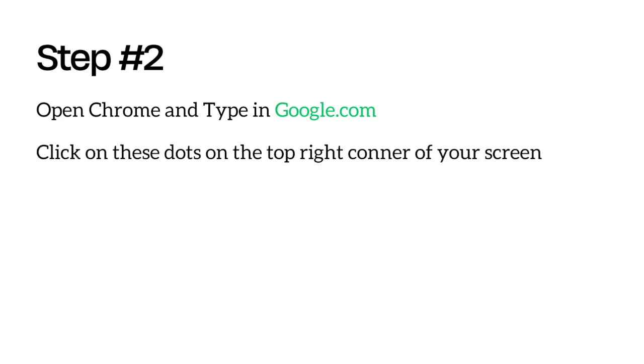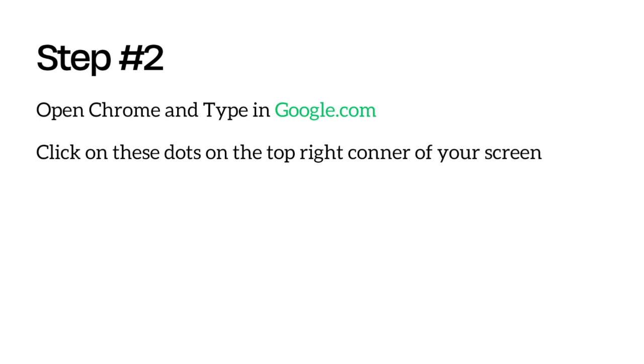So we go onto Chrome or any browser of your choice and type in google.com, so we can open a Google page. Next, click on the dots on the top right corner of your screen. There we're going to find all the apps.